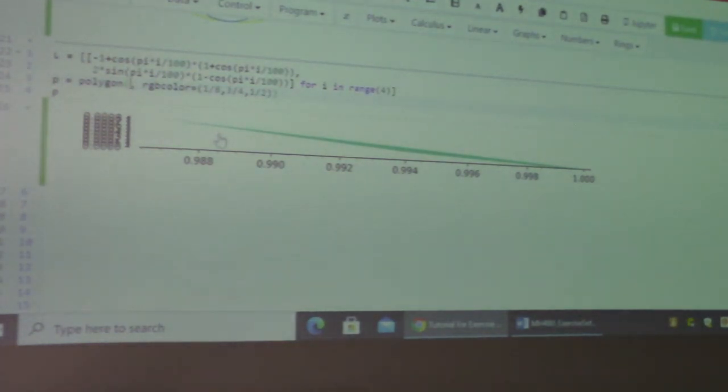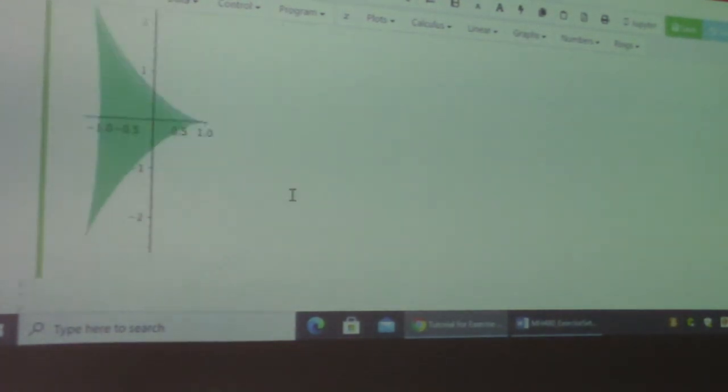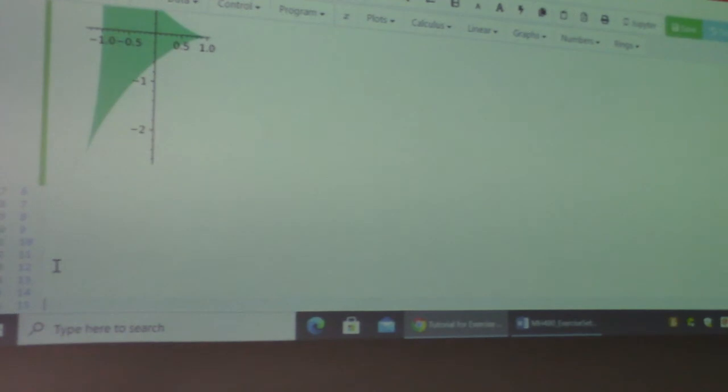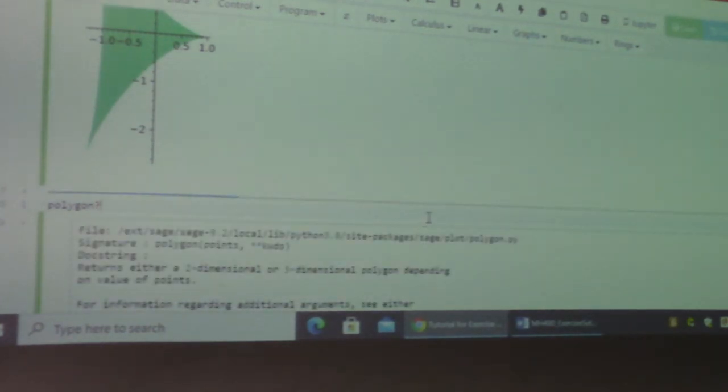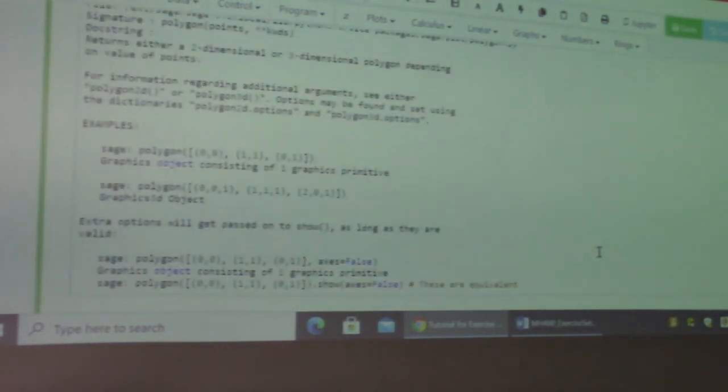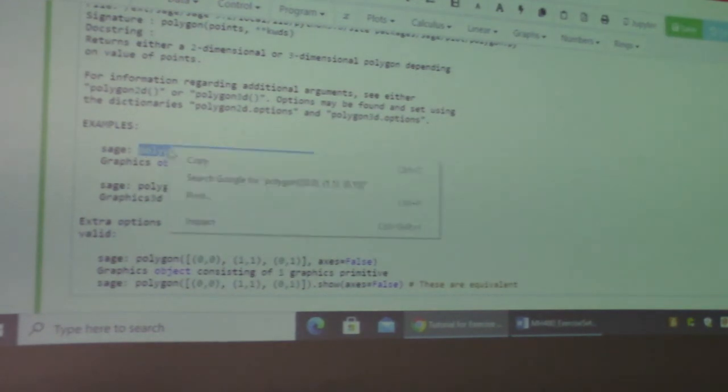How can we find out the code for polygon? You guys tell me. Suppose we want to make a polygon like they're doing. What should we do? We should do polygon question mark, right? And that should show us what the deal is with polygon. And it'll give us a simpler example to try, like this one. That should be a triangle.